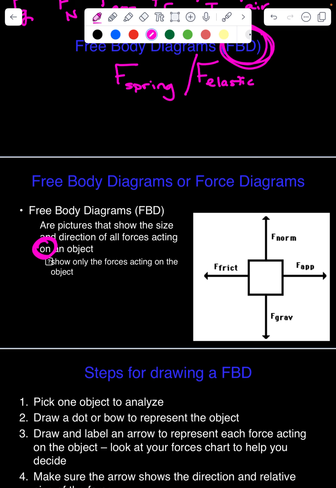I'm not going to include a tension or spring force from the brakes and all of the interlocking wires or whatever that are happening in the car to actually bring the car to a stop. I am only looking at the forces that are working on the car itself.